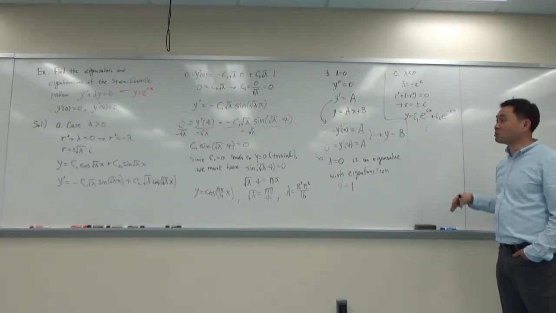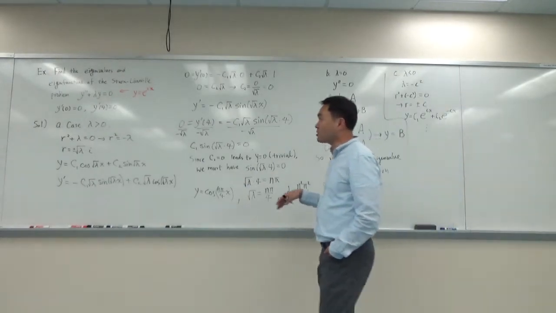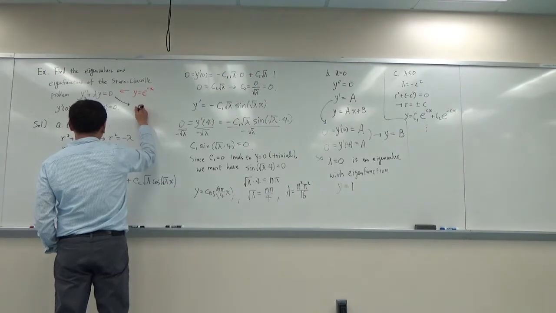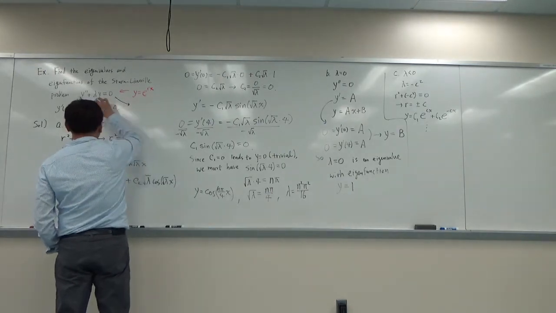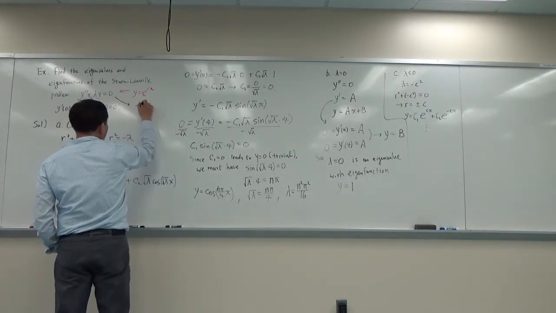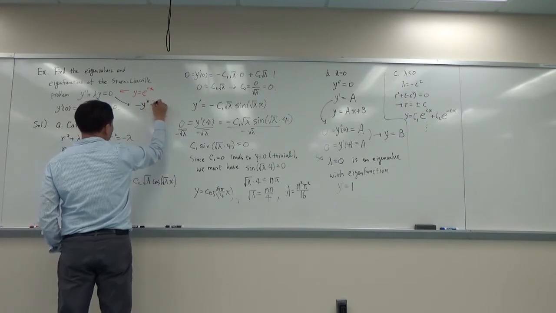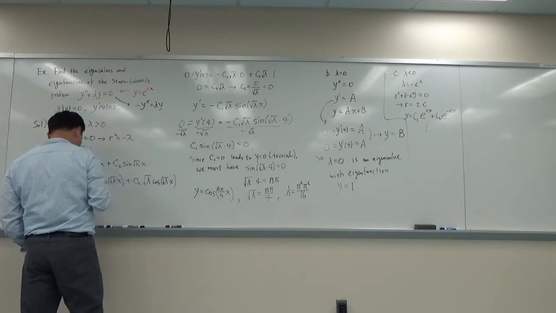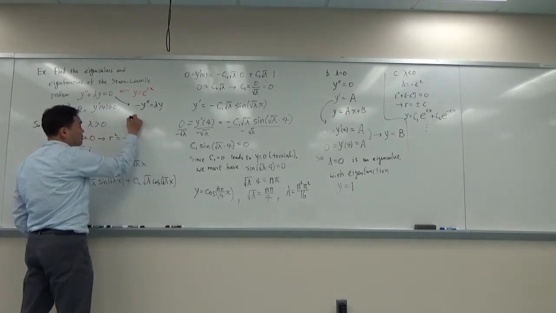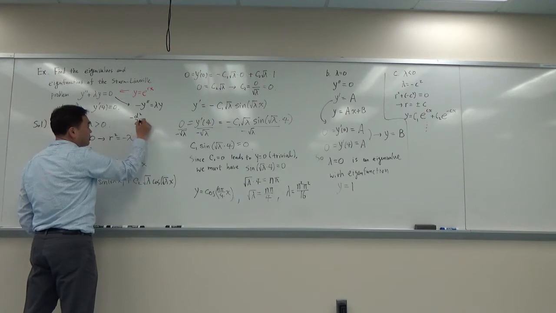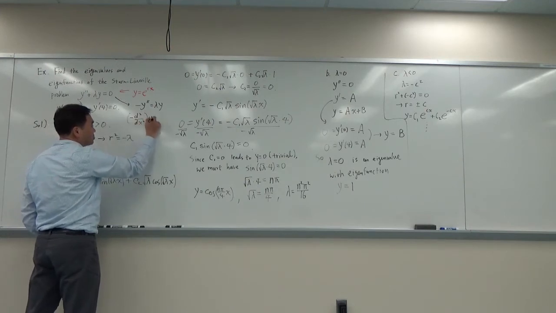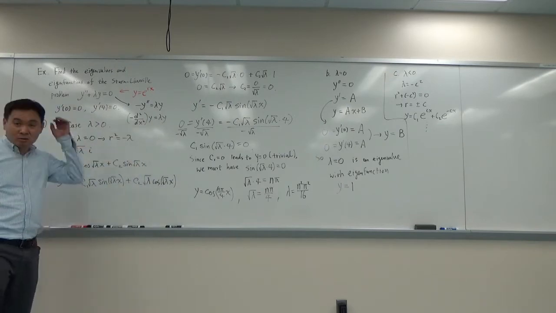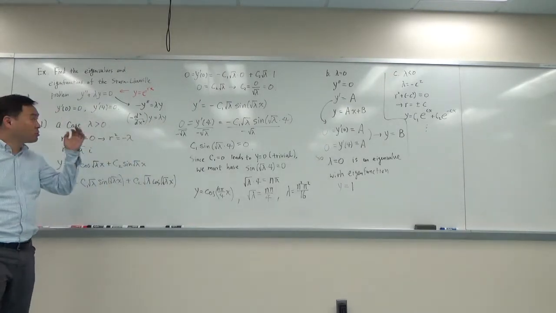That's because, as I explained last time, if you write this in operator form, so move the y double prime to the other side and write it as negative y double prime equals lambda y, and then you write this as a second derivative operator with a minus, then there's a general theory of a Sturm-Liouville operator.